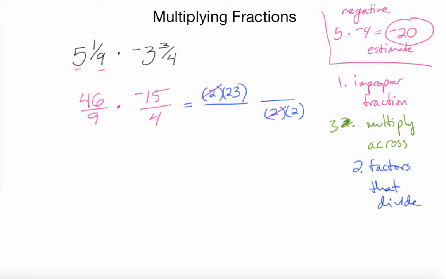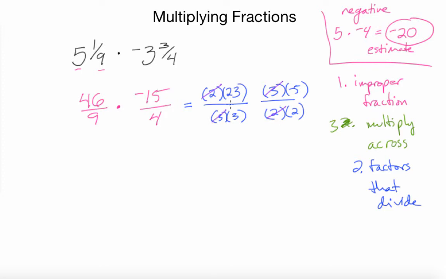All right, how about my 9 and 15? Well, those both have a factor of 3 in common. 9 I can rewrite as 3 times 3. And -15 I can rewrite as 3 times -5. And so there's some other factors that are going to divide out. Another factor of 3 divided by 3.